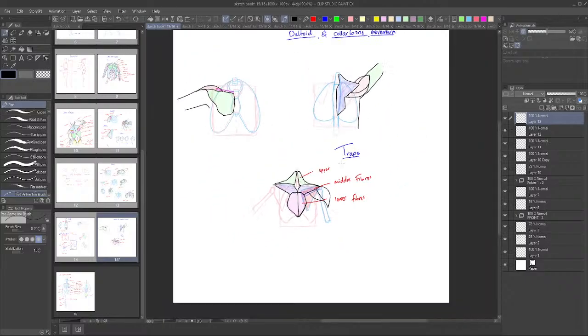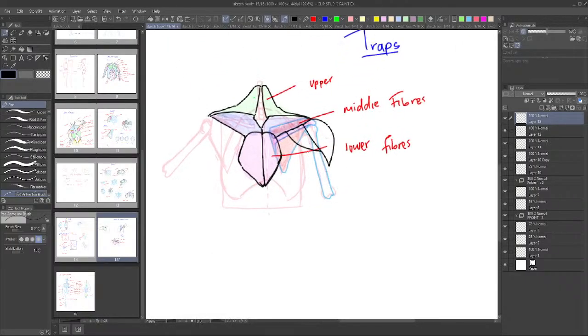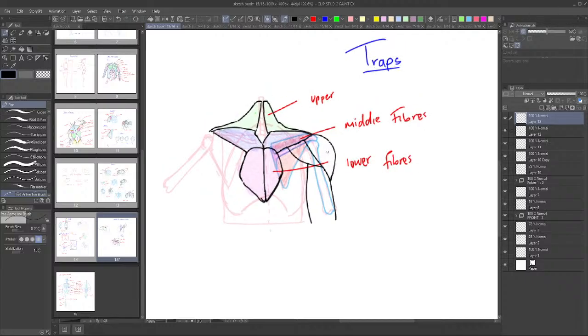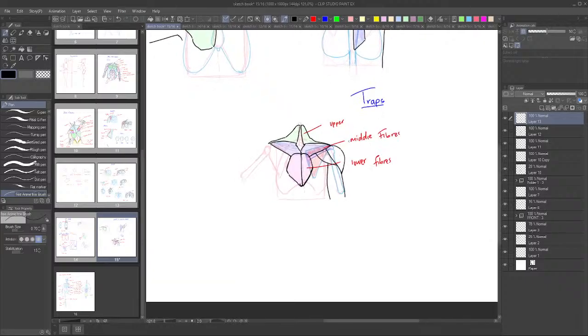All right, like that. Those are the deltoids, like that. Yes, trapezoid, deltoid. Okay. I'll stop doing that. I'll just show you the images. Okay.